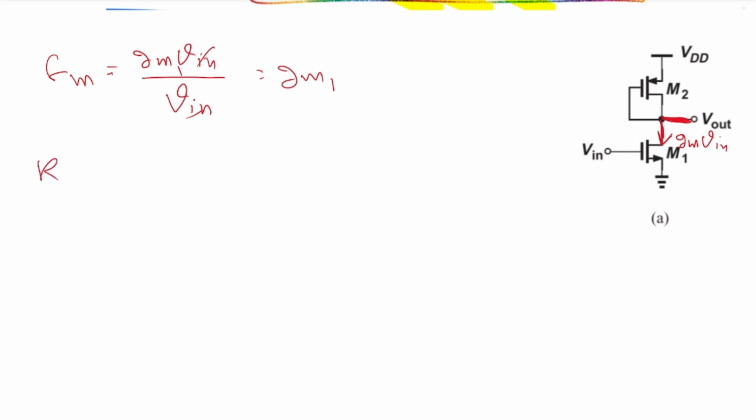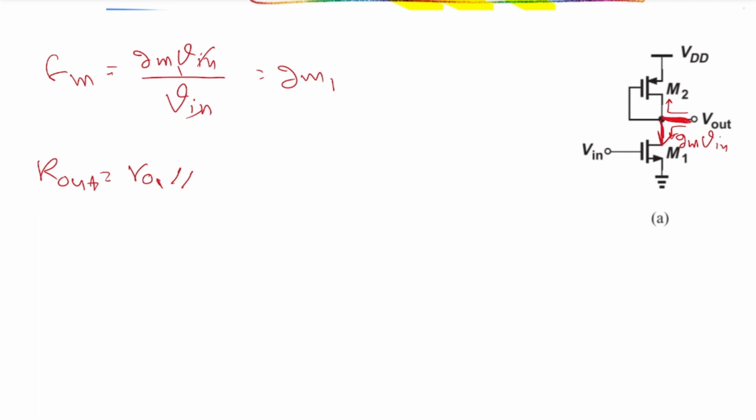Also for the output impedance, we will just see the impedance from up and down. If we look down, the output impedance is r_o1 in parallel with what is happening up, which is just a diode connected device.